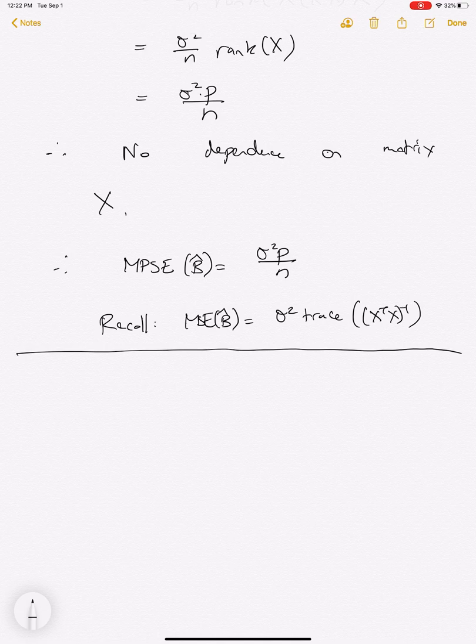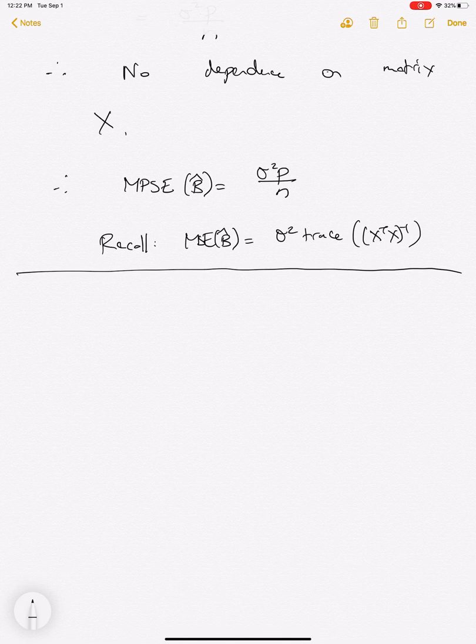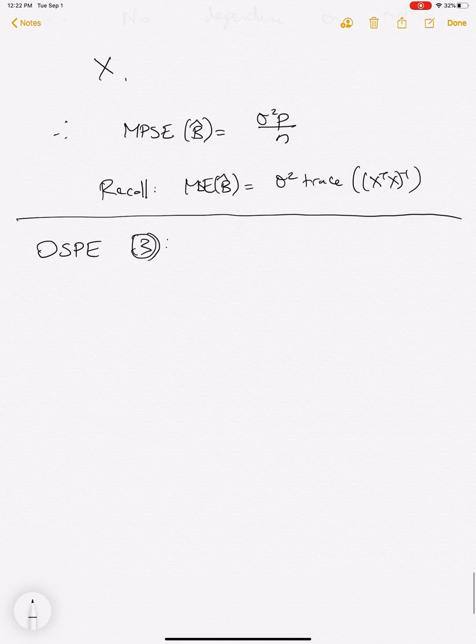So finally, in the last few minutes, we're going to talk about the third metric, which is the out of sample prediction error.